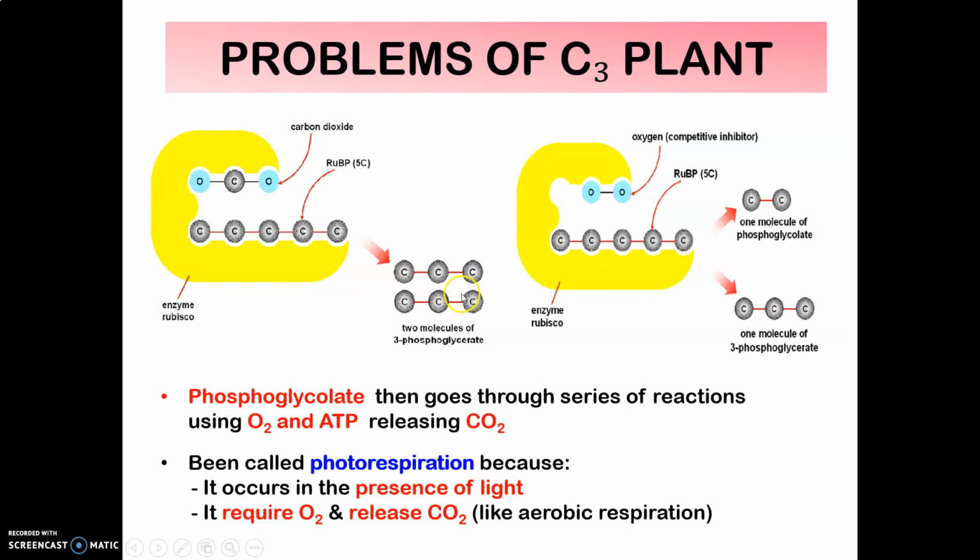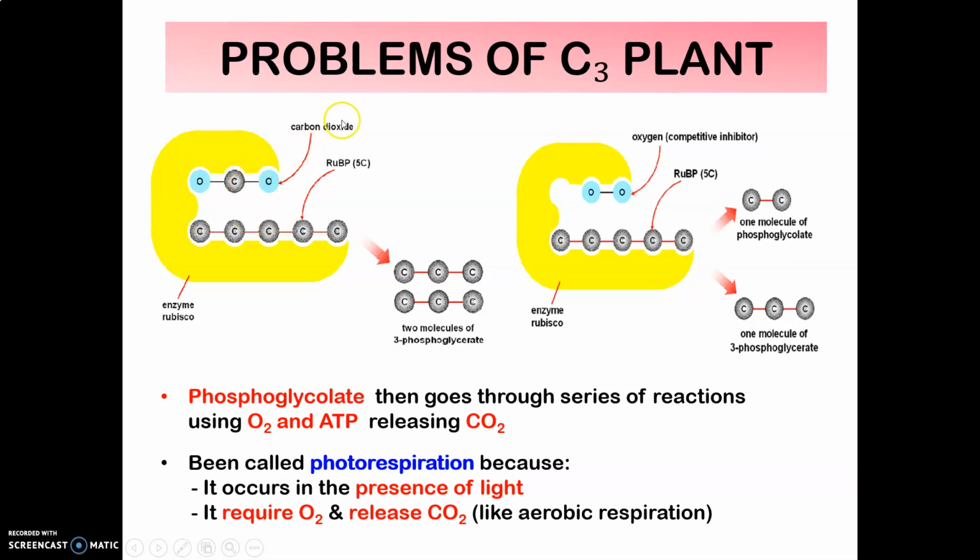Kita akan tengok itu more detail dalam gambar. Okay. So awak tengok kalau tidak ada oksigen, okay, if the oxygen level is very low, carbon dioxide dia akan bind to the active site of the Rubisco dan RUBP juga dia akan bind dekat the active site of the Rubisco. Okay, disebabkan adanya Rubisco tadi dia akan catalyze the formation of 3-phosphoglycerate.